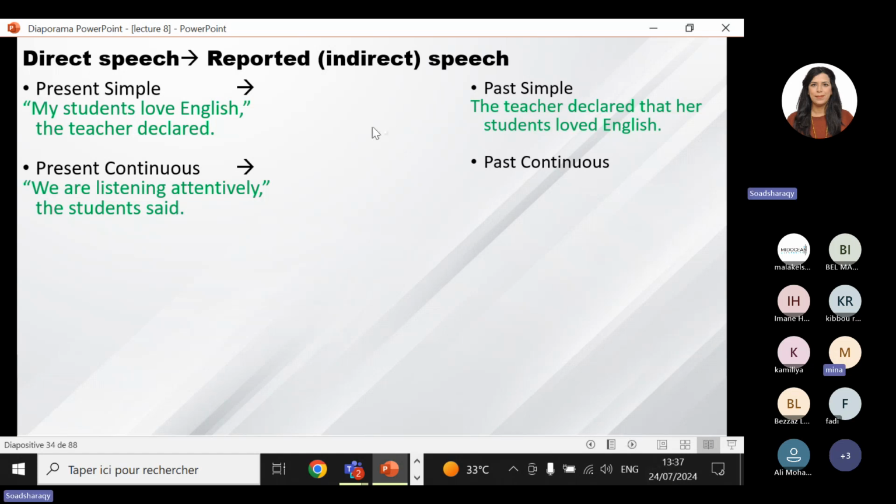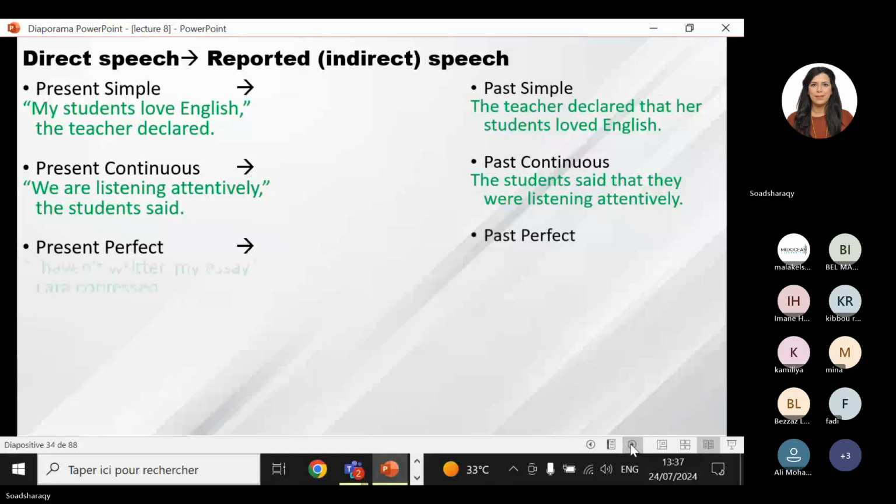The verb are listening is in the present continuous. And I made it in the past continuous. Were listening, and I added that. Let's check your answer. The students said that they were listening attentively. Good answer. Okay. Continue, please.